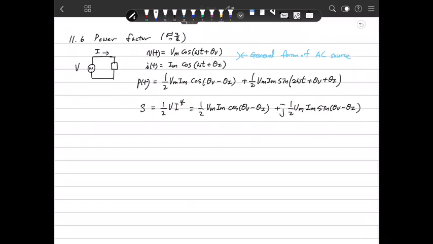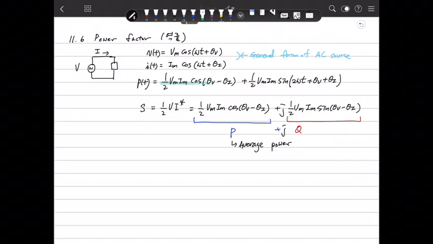We call this active power P, and this is reactive power Q. Active power is the average power.